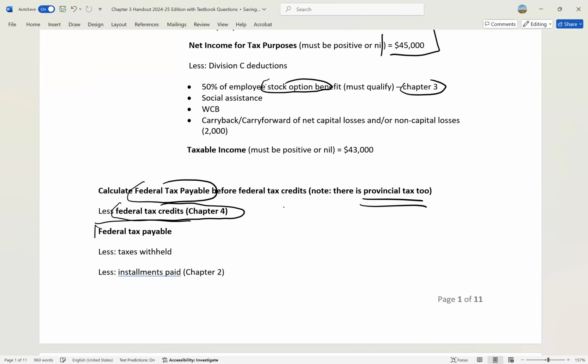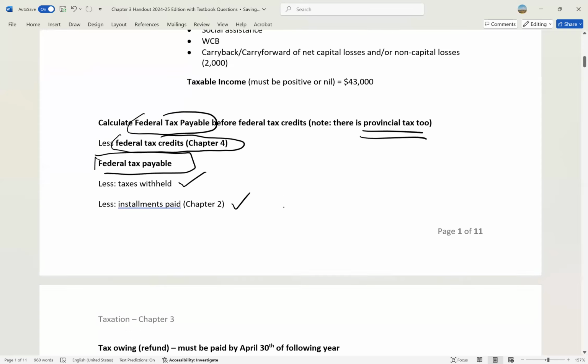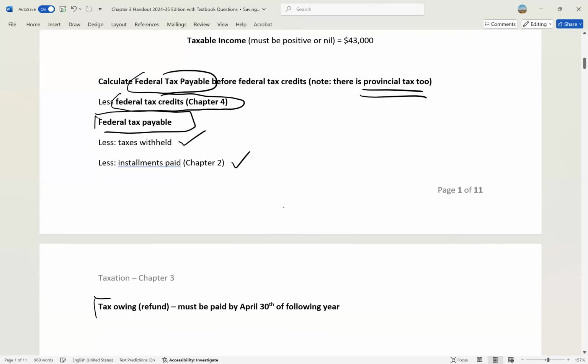After you subtract your federal tax credits, you subtract all the taxes that your employer took off your paycheck. If you paid installments, you subtract those as well. And that's going to determine whether you have any more income tax owing or whether you will get a refund.